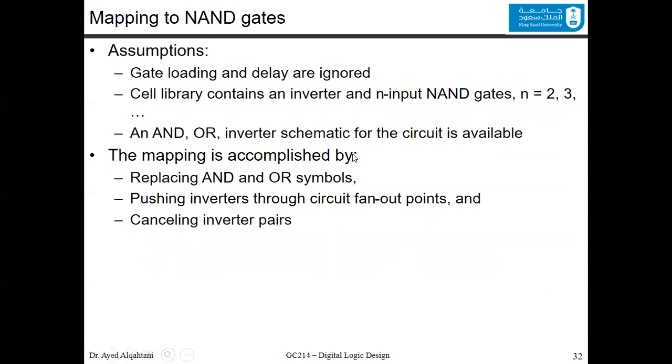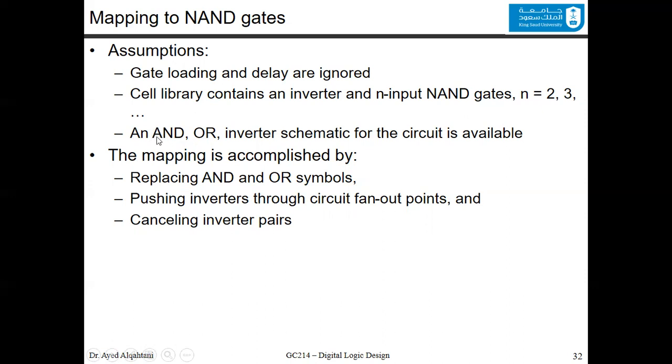So we should discuss mapping any design to NAND gates, and similarly, how to map any design to NOR gates. Because sometimes in the libraries, you have only NANDs or only NORs. So here are some assumptions. The gate loading and delays are ignored. The cell library contains an inverter and n-input NAND gates, whether it's 2 input, 3 input, 4 input, and so on.